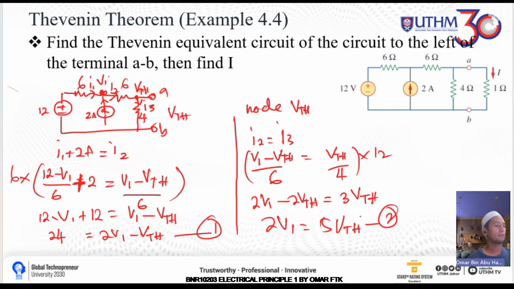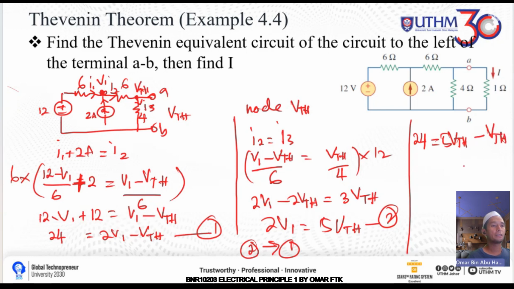From this, you can put equation 2 into equation 1. 2V1 you can put here. That means you will have 24 equals 2V1 minus VTH, so 5VTH minus VTH. This one will be 4VTH.